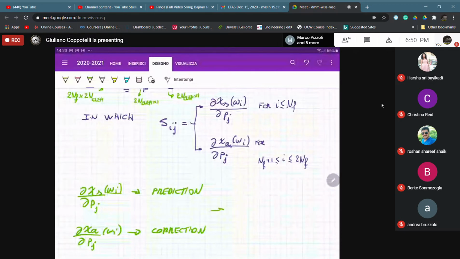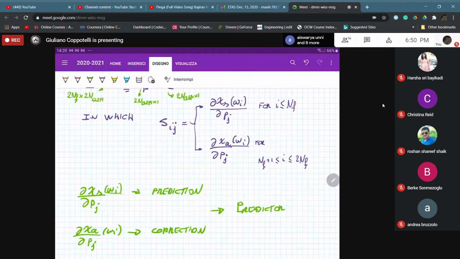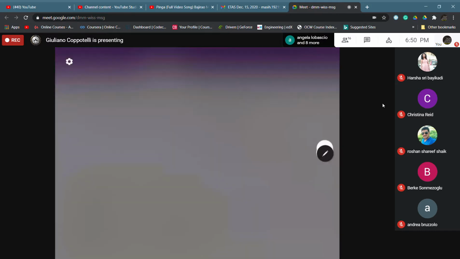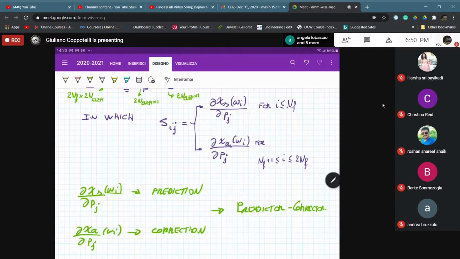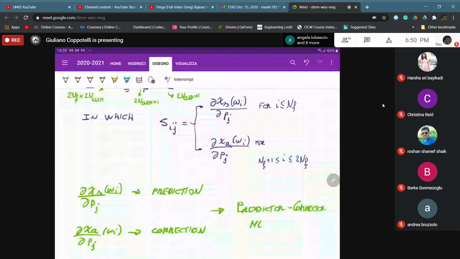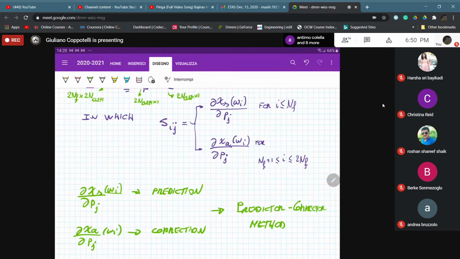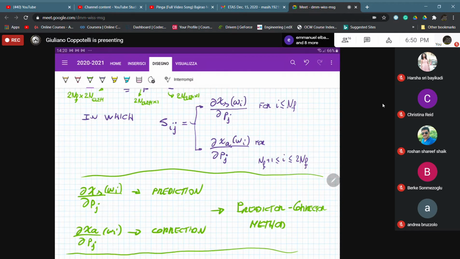Thus the name predictor corrector method. So that gives you the reason why this method has such a name.